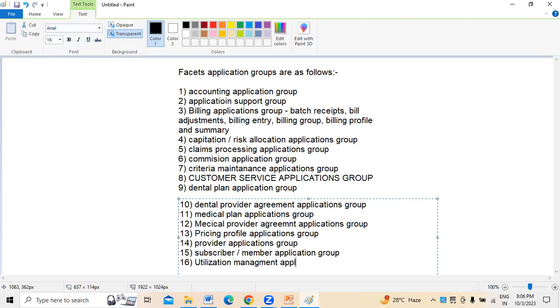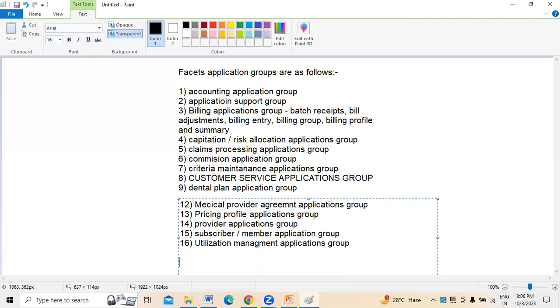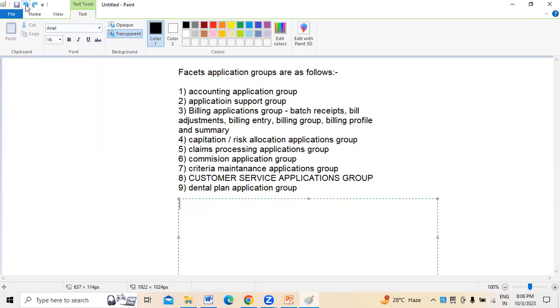Utilization management applications group.